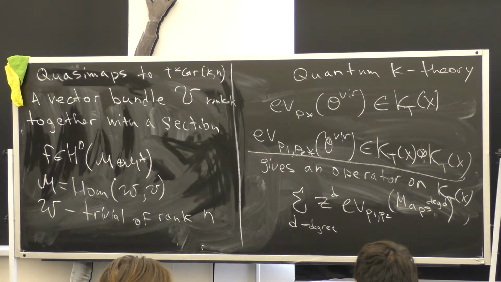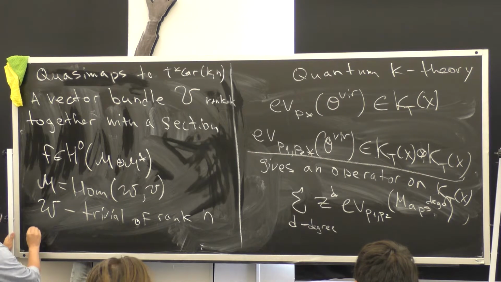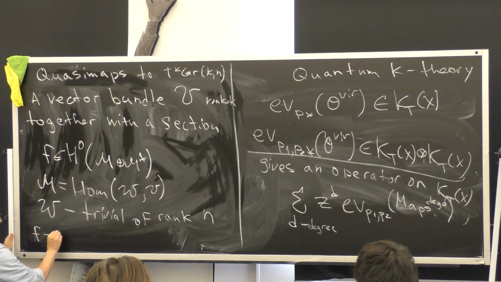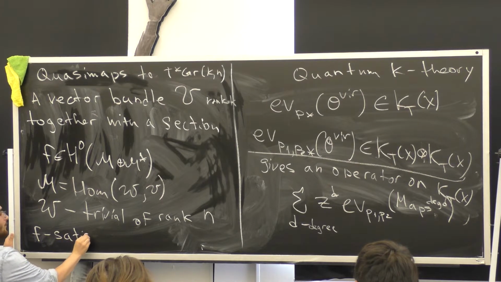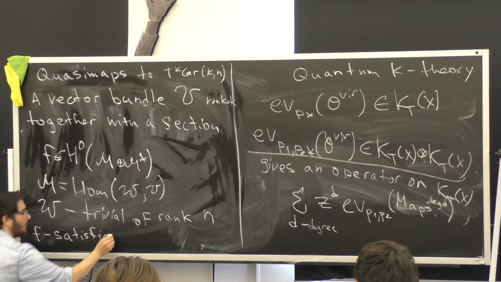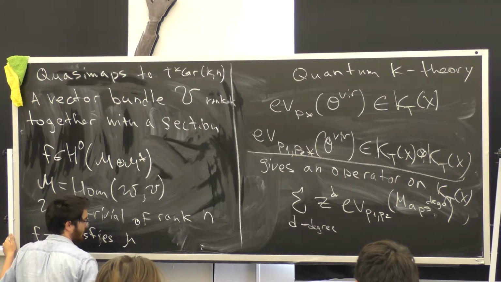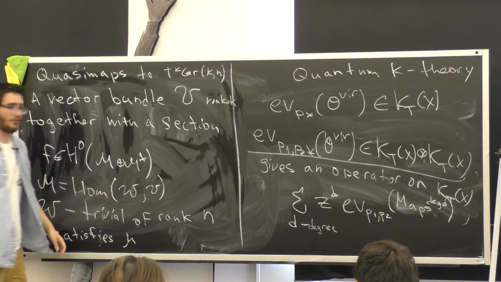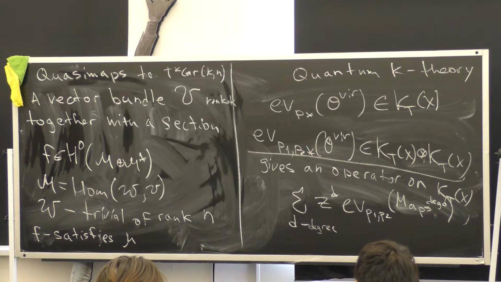Right, now this is almost it. F has to satisfy the moment map condition. Let me just write it as mu. So let's take a closer look at what this is.